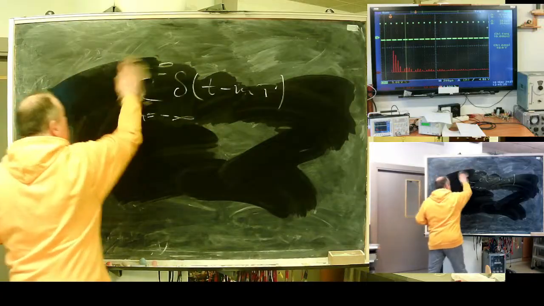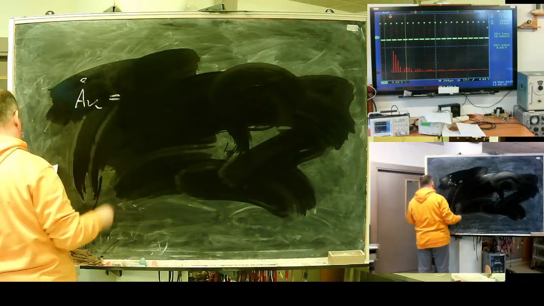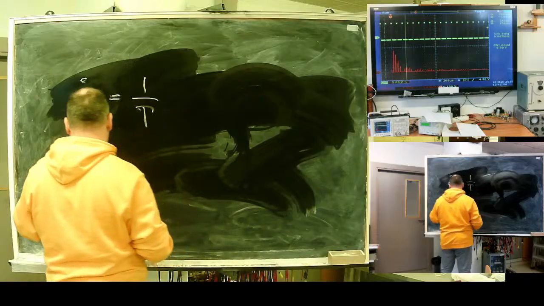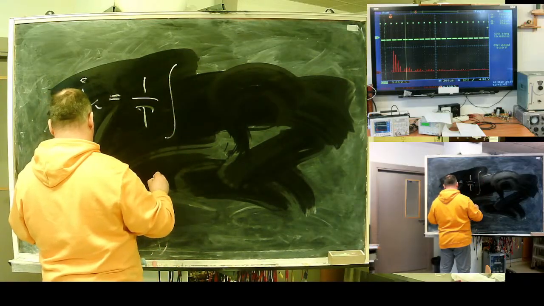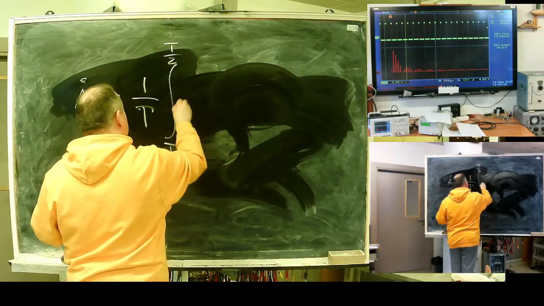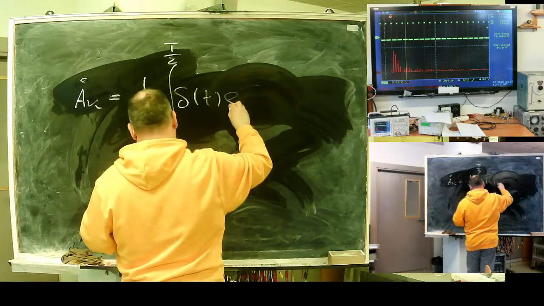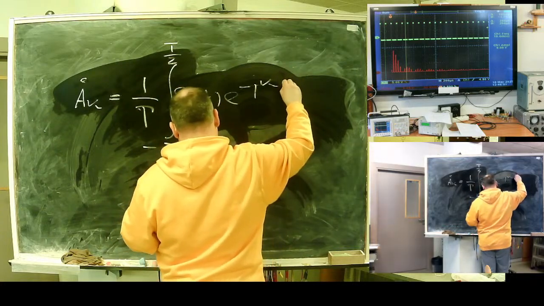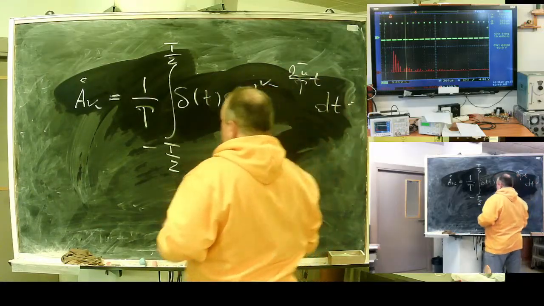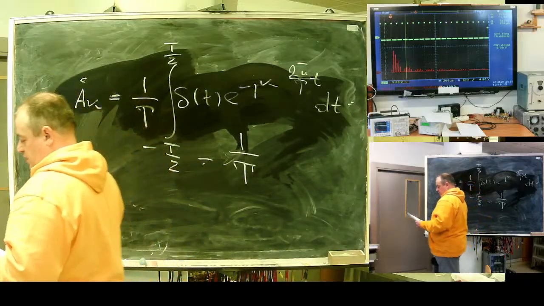The Fourier coefficients for the signal will be 1 divided by the integral from minus T by 2 to T by 2 of the function times e to the power minus j k 2π t divided by T. If we perform the calculation, what will we get? 1 divided by the period.